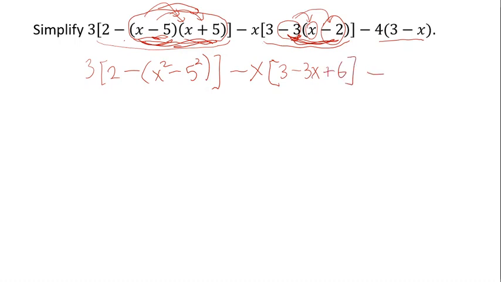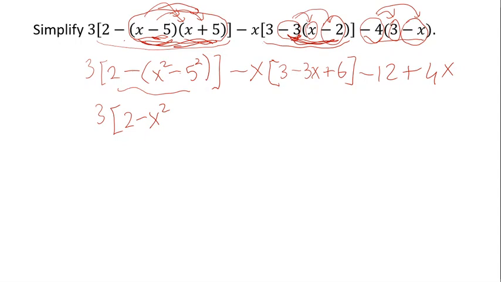And then here we can do this also. We have one term here. You can multiply them. Plus, negative 12 plus 4x.